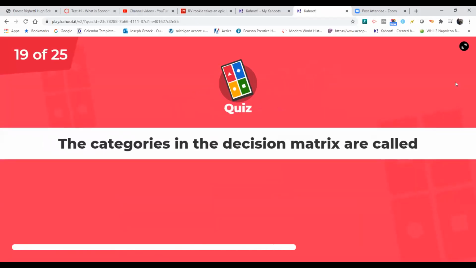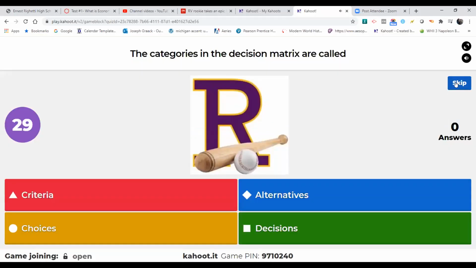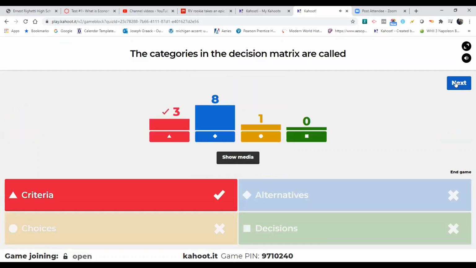The categories in the decision matrix are called what? Criteria, right? The gas mileage, the trunk size, the price, those were all criteria.